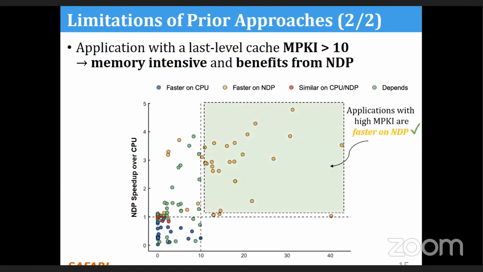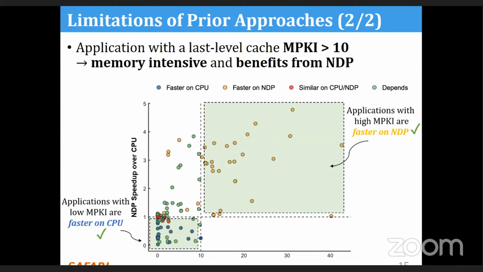Something similar happens when we check the MPKI in the last level cache. Remember, misses per kilo instruction in the last level cache, increasing from 0 to 40, and this is the speed up over CPU. For most of the workloads in this region with high MPKI, they are faster on NDP, which is good.